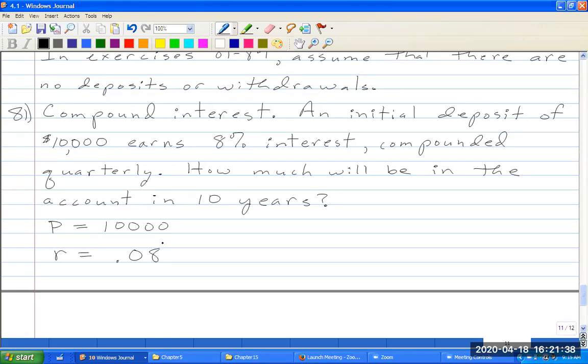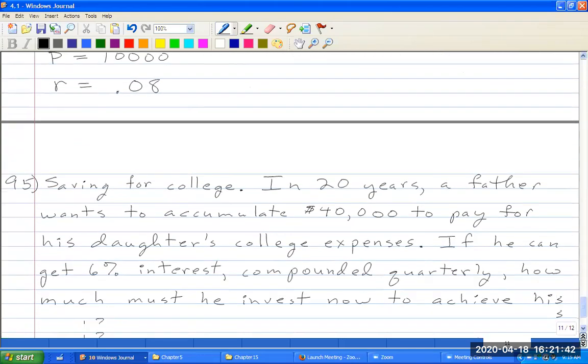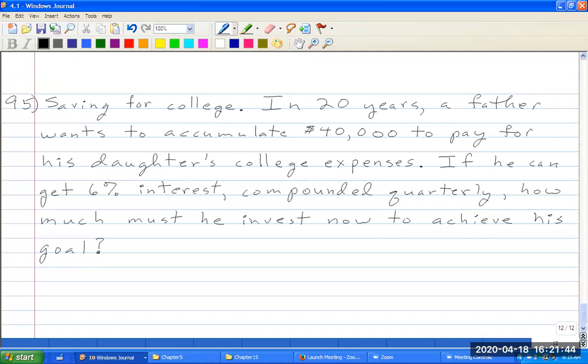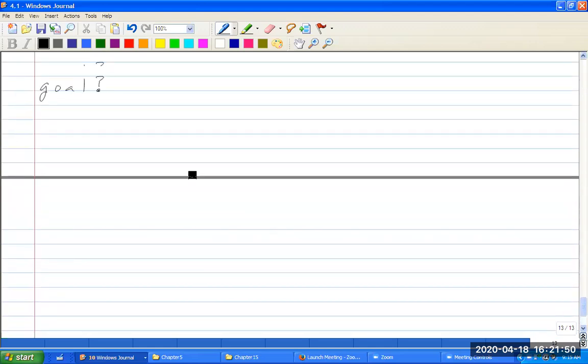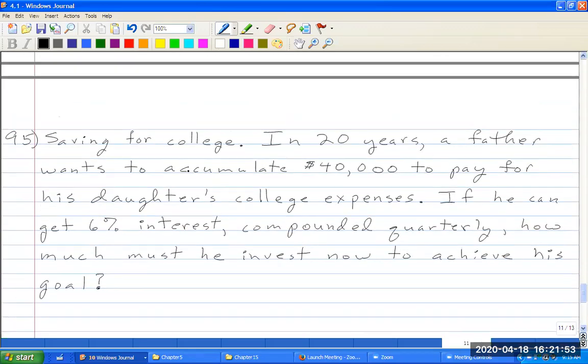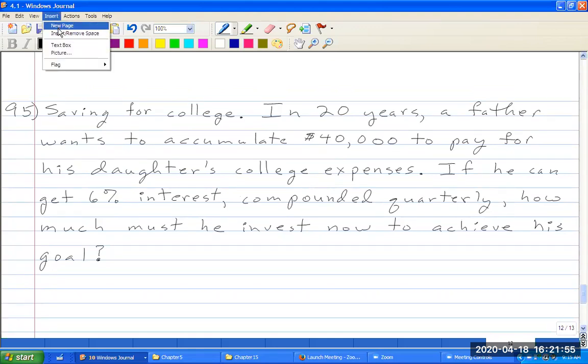I'll write this in decimal. Let me get another page. Here's the new page here.